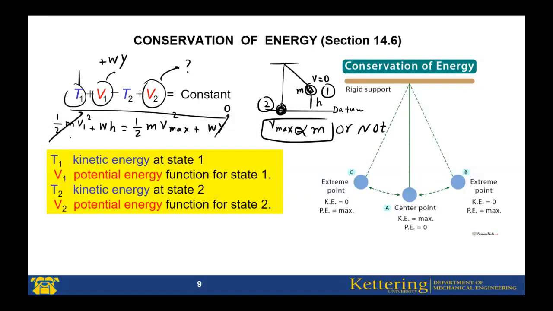Also, because it is released from rest, the kinetic energy at state 1 is also 0. From this equation, you can see W h equals 1 over 2 m v maximum squared, or m g h equals 1 over 2 m v max squared. You will see the masses cancel, meaning that the maximum velocity will be the square root of 2gh.